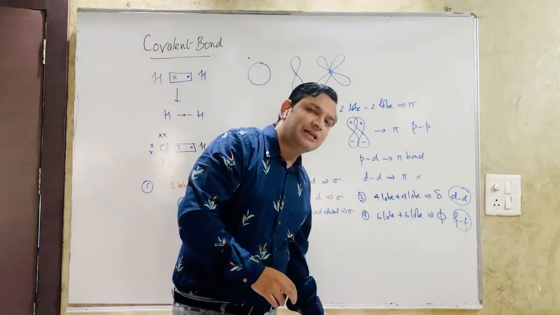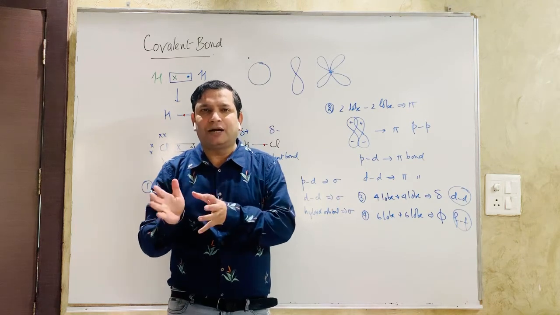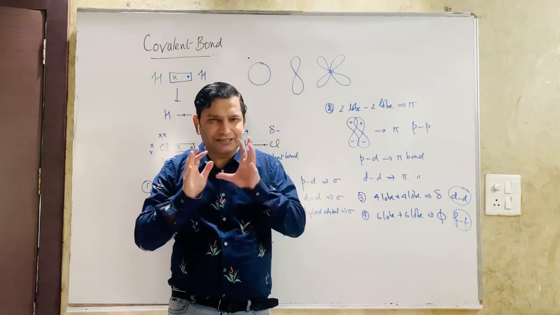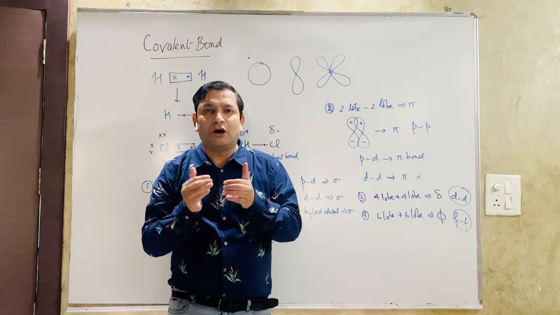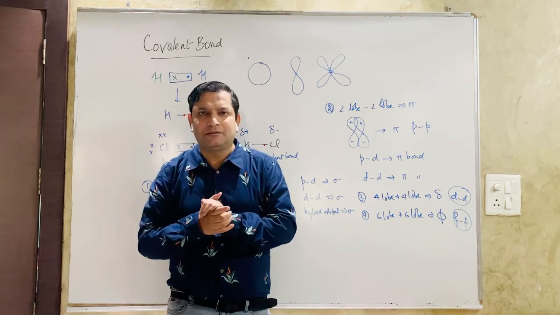Now these are the 4 types of bond which we will deal with one by one in detail. But this is the basic introduction: a covalent bond is formed by the overlap of atomic orbitals.